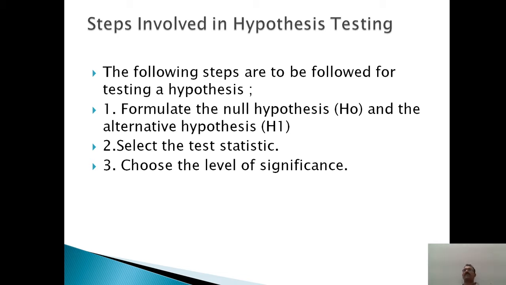Second one is select the test statistic. Different statistics are there, t-test, F-test, etc. Next step is choose the level of significance: 1% level of significance, 5% level of significance, etc.